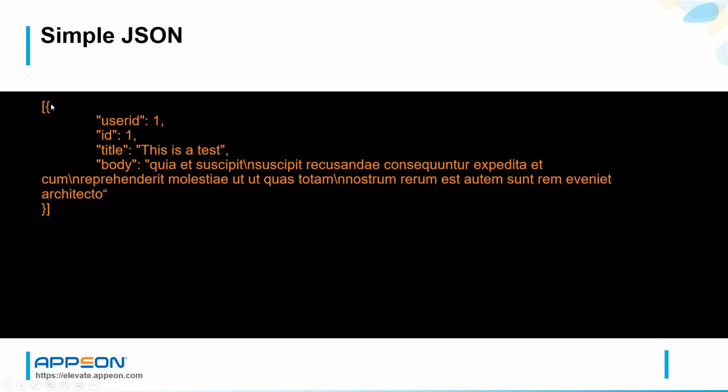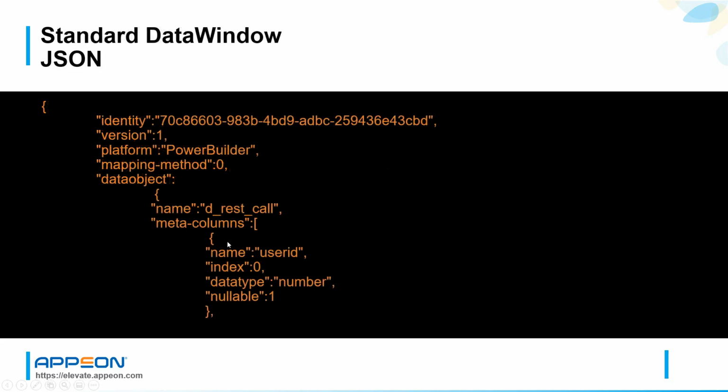Then the curly bracket indicates this is a row, and then we have the actual attributes within that row and the values for them. Okay, so it's very, very plain, very simple.